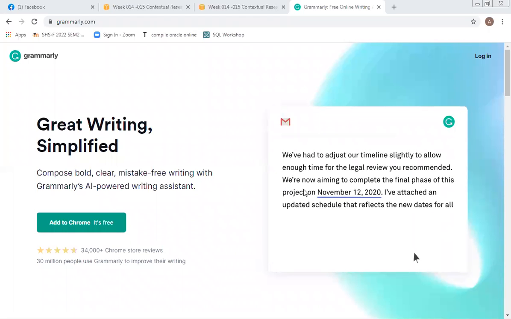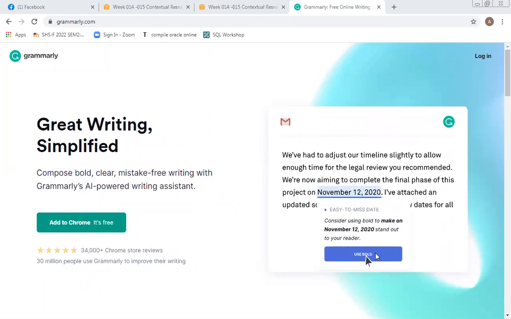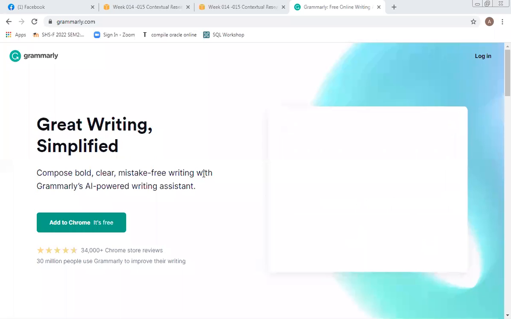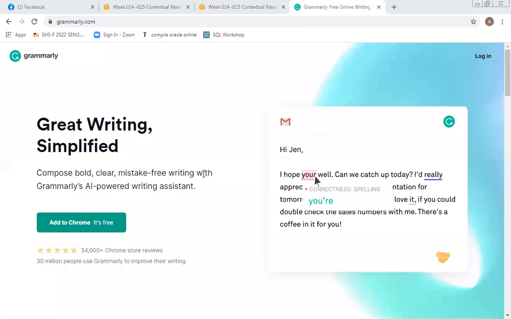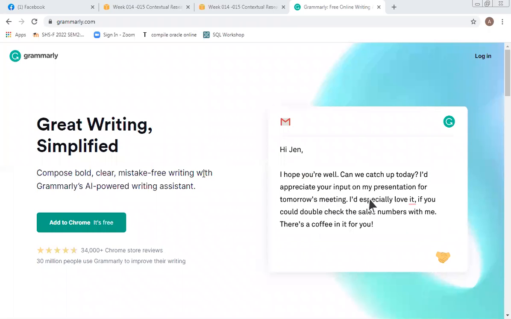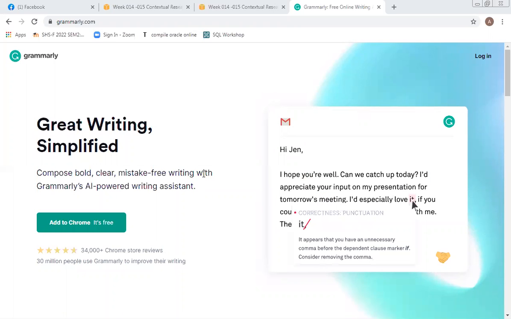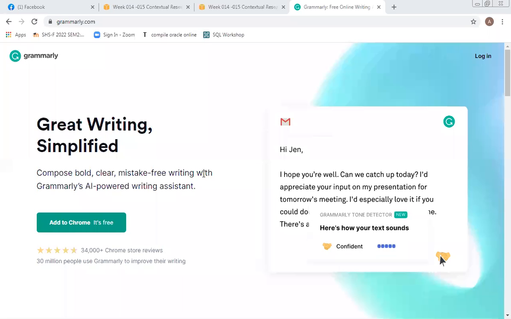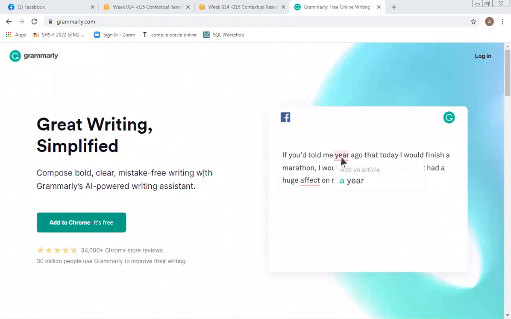Nakikita niyo, di ba, ginagawa ng Grammarly, kinokorek niya yung mga sentences, mga spelling, nagsasuggest siya ng tama kung ano yung dapat alisin. For your paper to be better and to be correct.